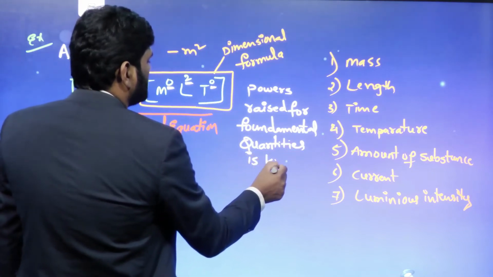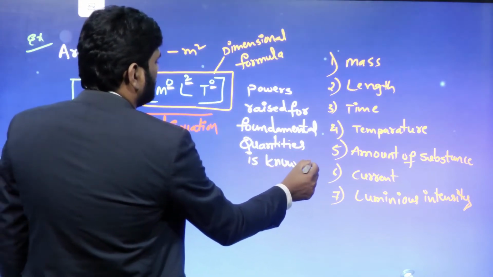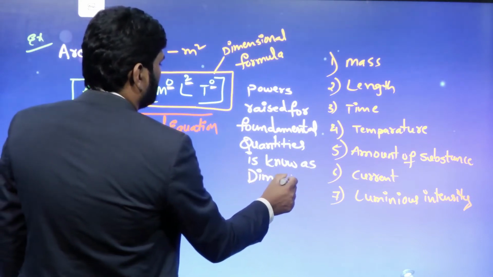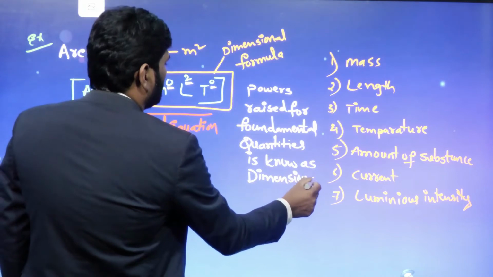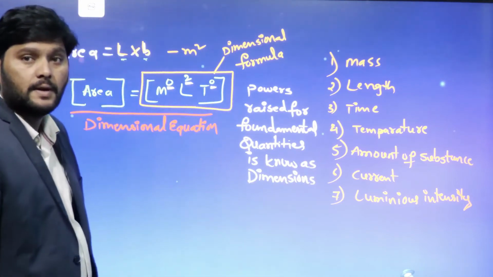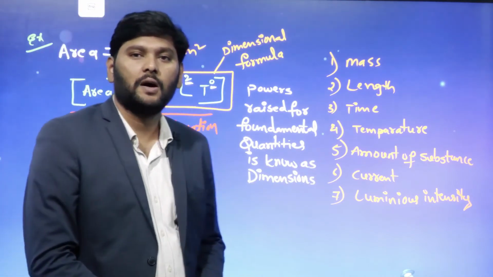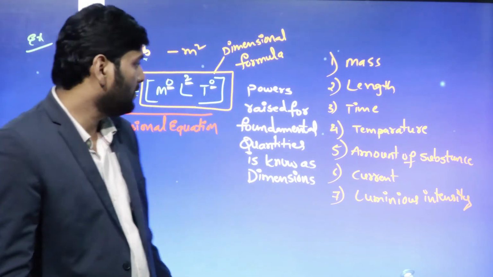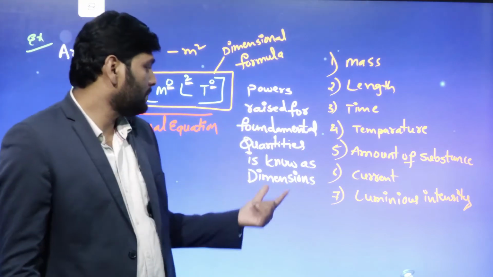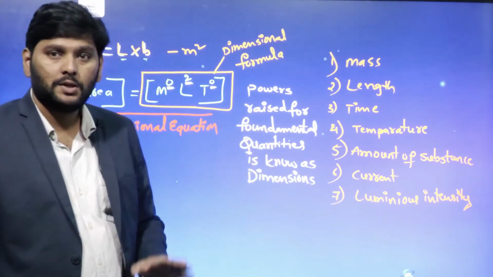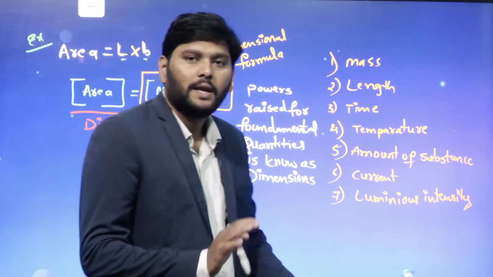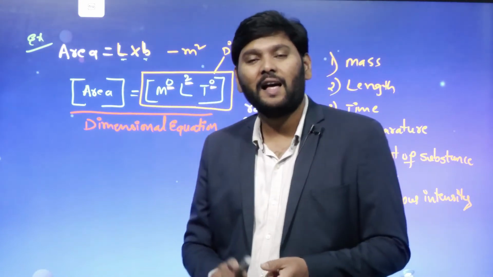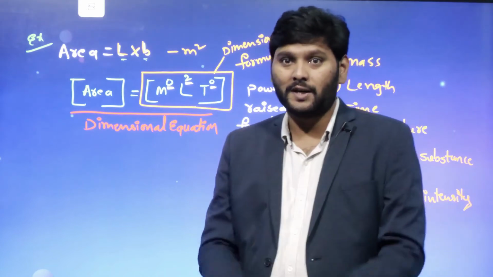Understand? The powers raised in the dimensional formula of the fundamental quantities are known as what? Powers are nothing but dimensions. So this is the way we can express the dimensional equation, dimension formula, as well as dimensions. I hope you got clarity.